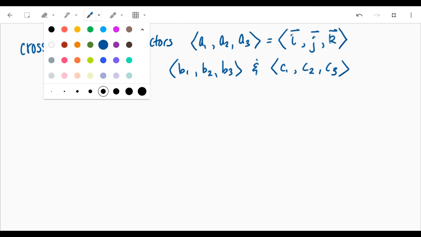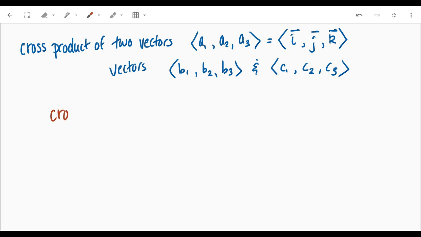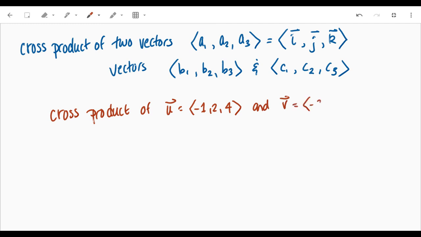But if we find the cross product of maybe vector u, which is -1, 2, 4, and vector v, which is -3, -5, 0.